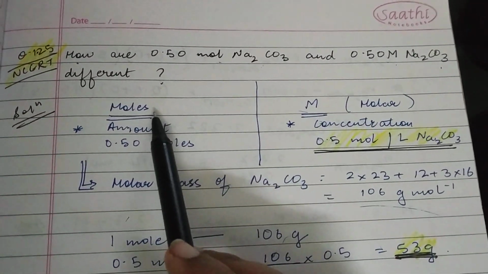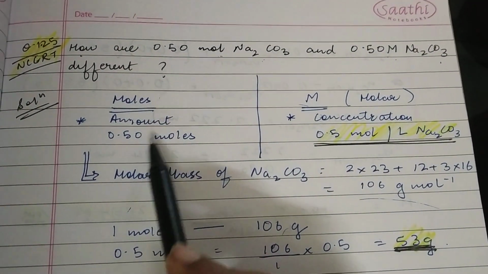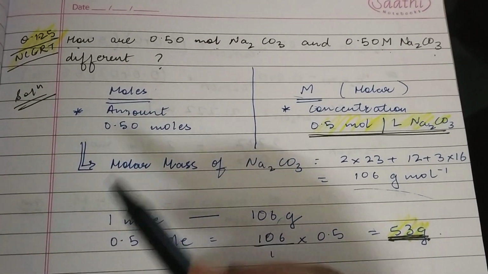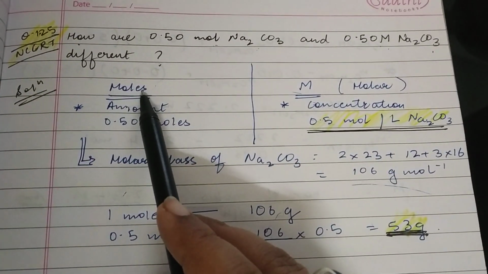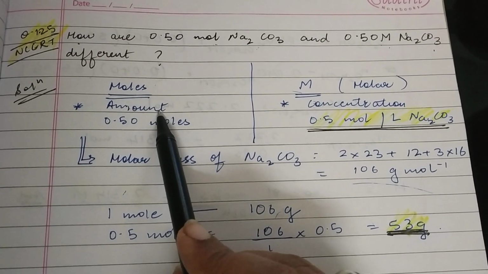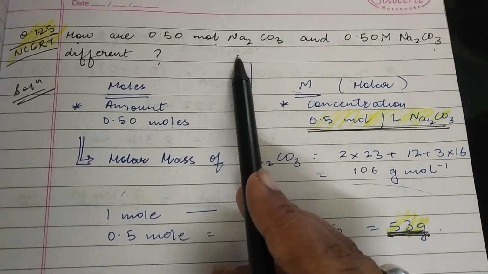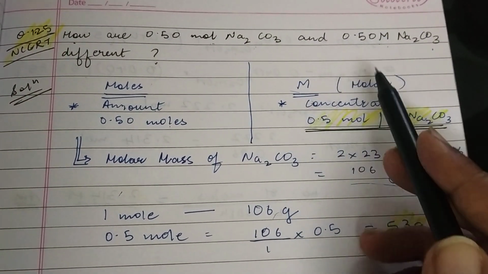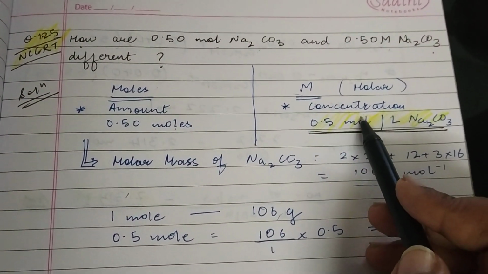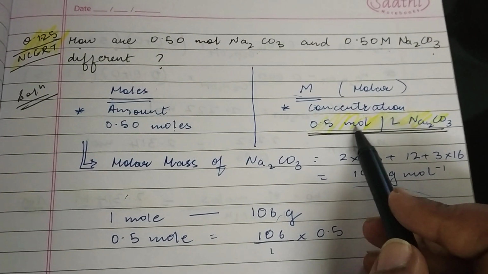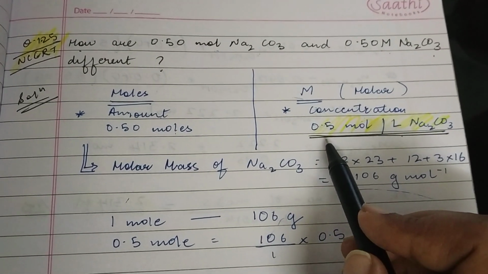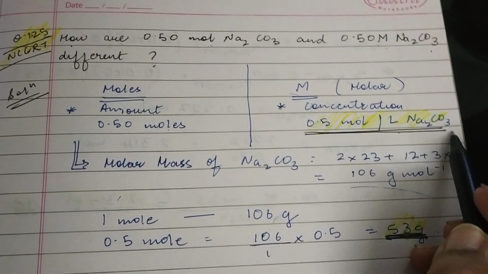Now students, as you know, what does moles tell us? Moles is the unit of measurement of amount of any substance. So moles tells us the amount of the substance. So 0.5 moles tells us the amount of Na2CO3. Whereas molar is a concentration term, that is number of moles in a given volume, number of moles in 1 liter of a solution.